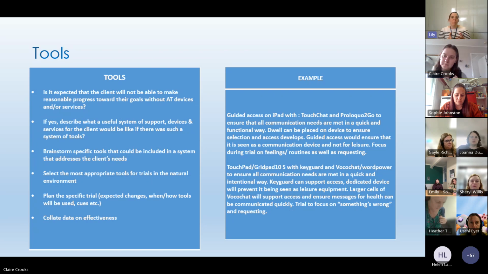So if we've got somebody, for example, in our context, who is a non-speaking 7-year-old in a new entrant class, the vast majority of their peers are going to be unable to read and write. So they most likely will benefit from something with voice output so that they can have interactions with those people within that environment.